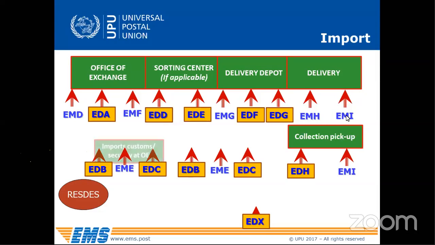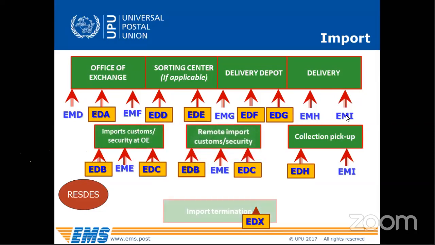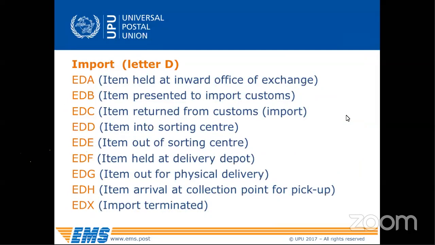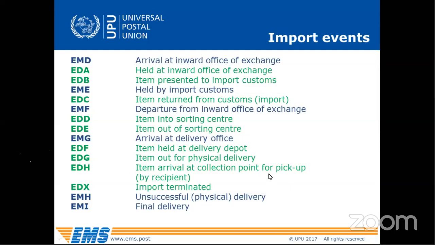Let's see the next slide. Those items that have D in between are the sub events of the major events. And this is the whole import event. It starts from event D to E to F to G to H, I, because we are dealing with import events here, items coming into the country.